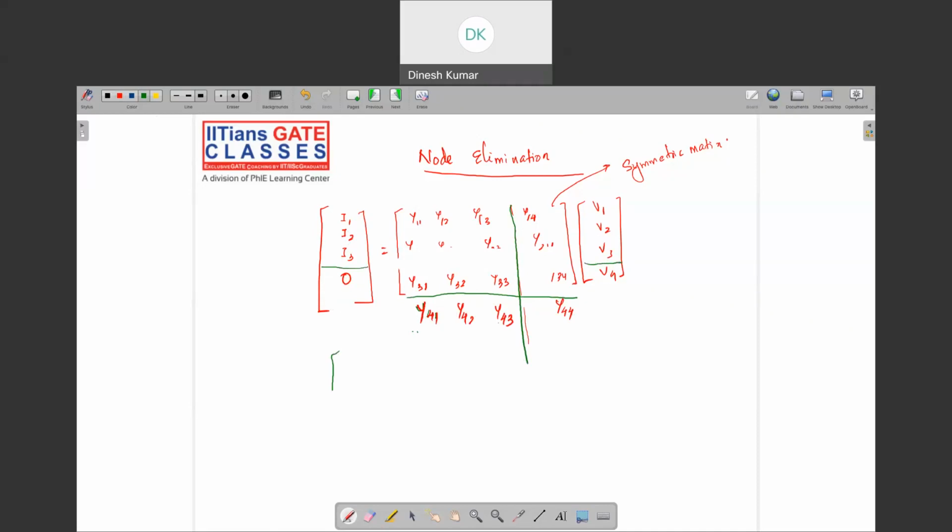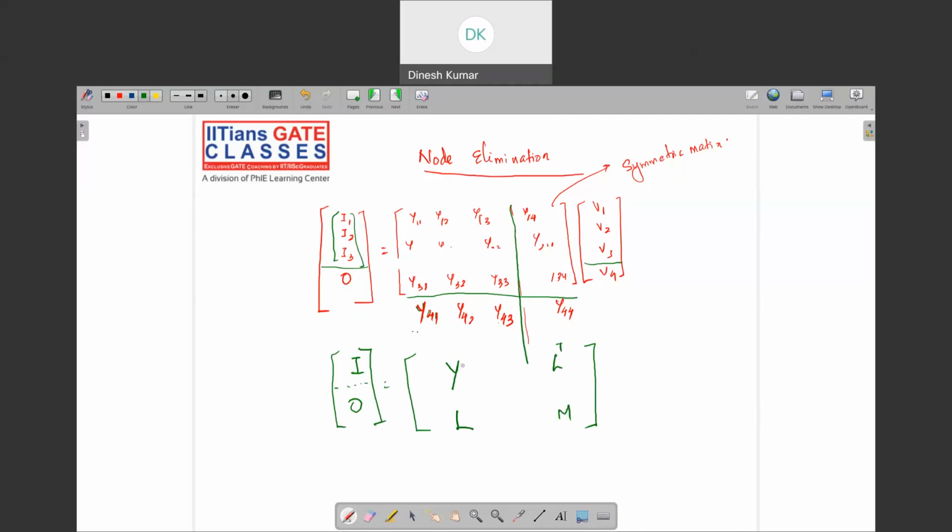Now this can be written as some matrix I, then some matrix 0. This I1, I2, I3 is basically our I matrix. This total will be the Y matrix. Then we take this as the L matrix, and this will be L transpose, and this will be something known as an M matrix.